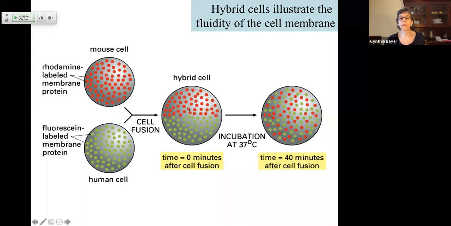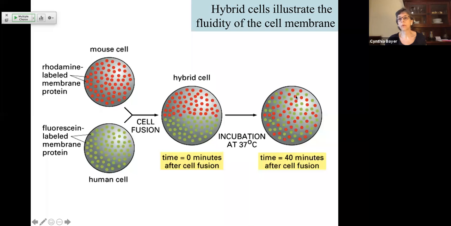But if you allow the cell to be incubated within the right kind of medium for about an hour, what you see is that all of those labels are now spread throughout this fused cell, meaning that all of those green and red proteins that originated from one half of the cell have now diffused.